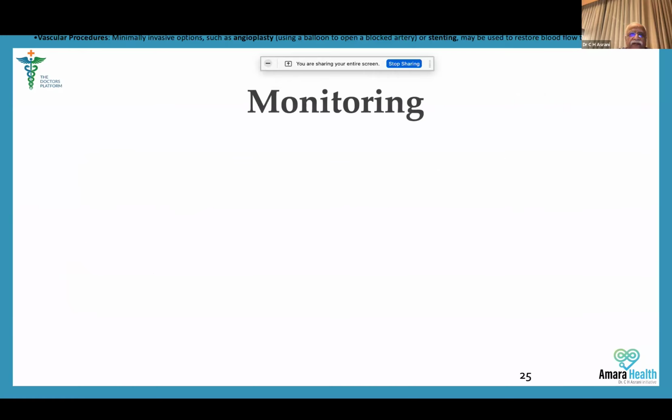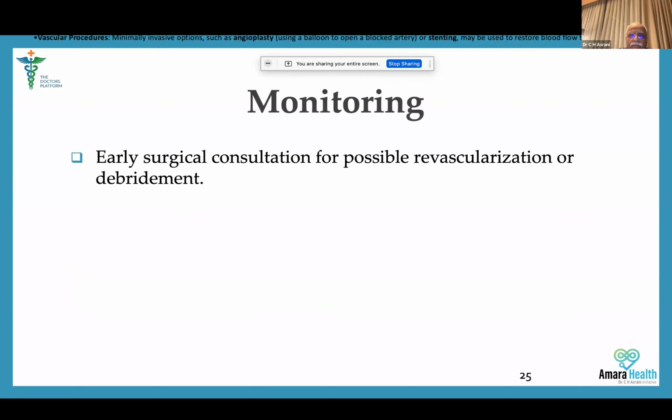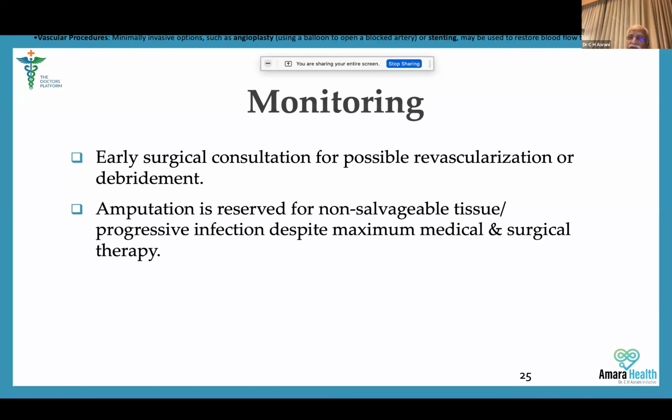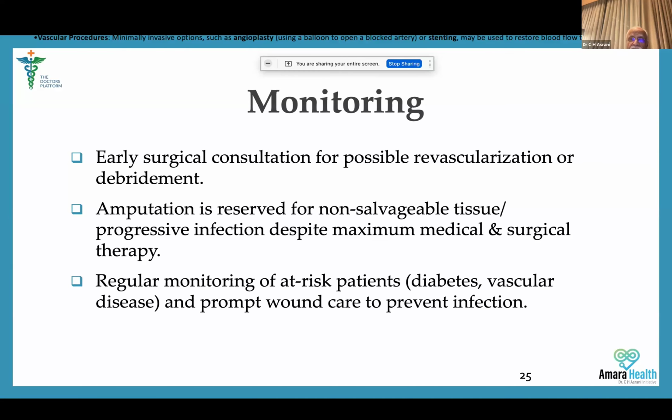How do you monitor the patient? Early surgical consultation, and you treat with guidance of the surgeon. Amputation is reserved only for non-salvageable tissue. Otherwise, debridement only is a must. Regular monitoring of patients at risk, diabetes.